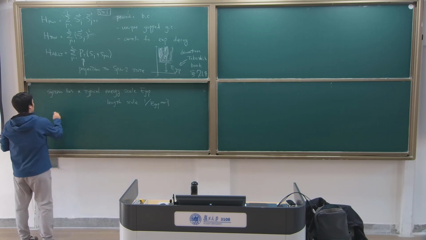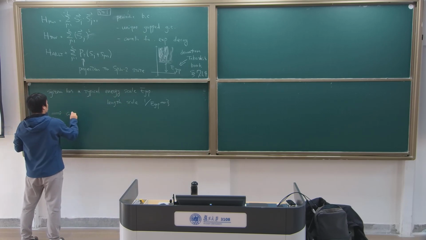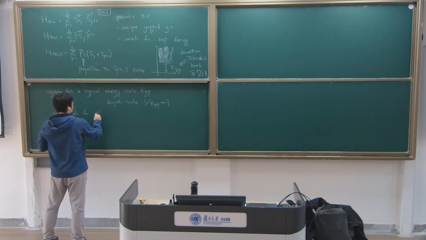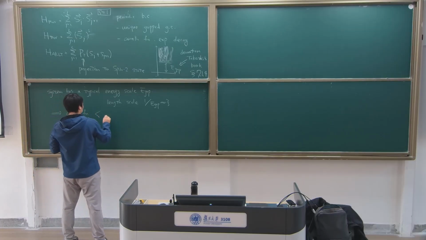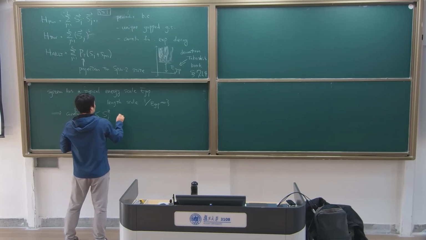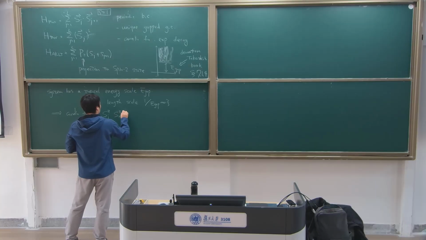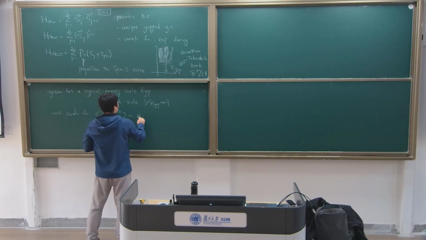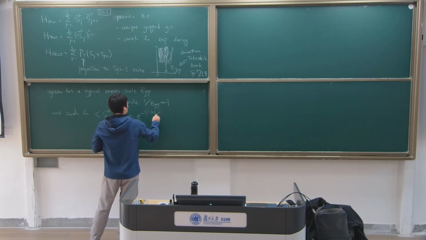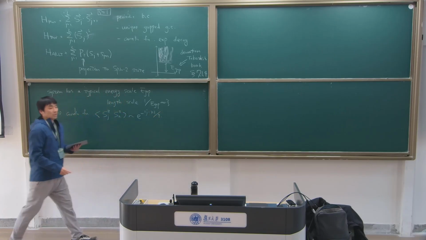So the consequence is that the correlation function in the ground state, S_j S_k, is an exponential decay like this.